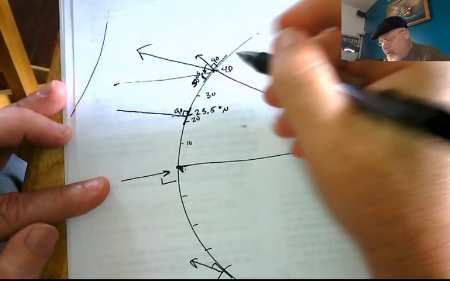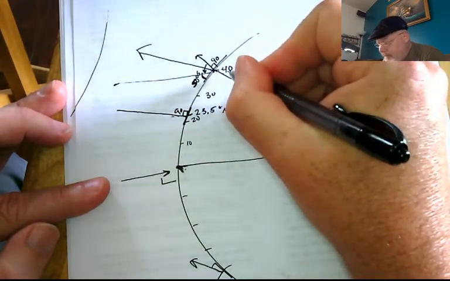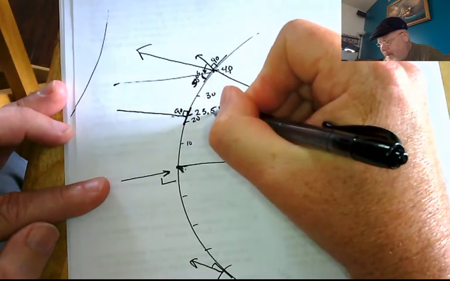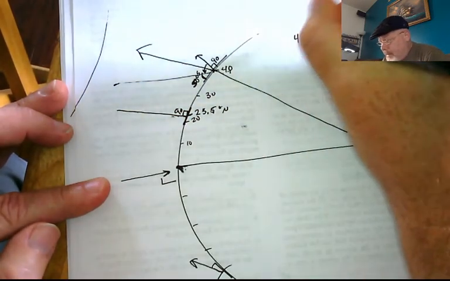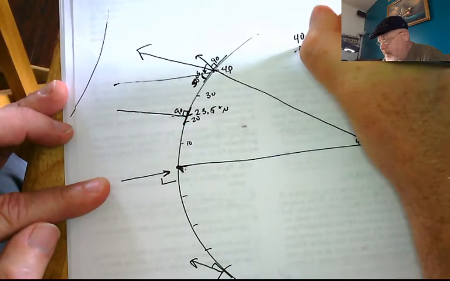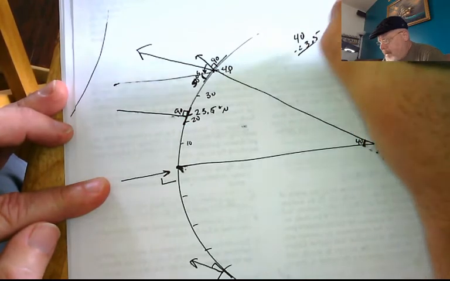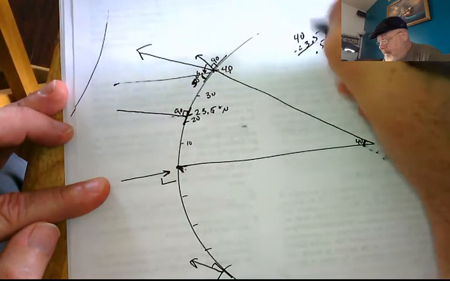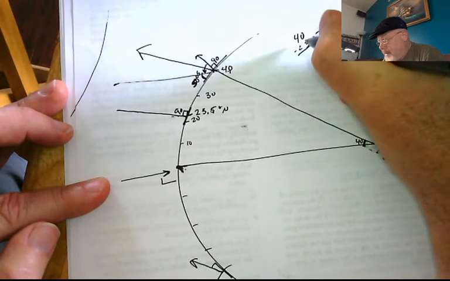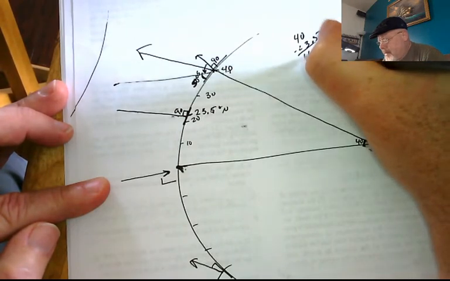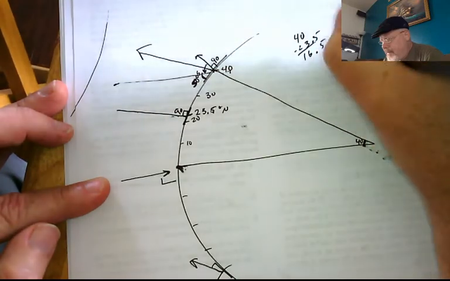So what angle are you looking at? Well, the difference between 40 degrees and 23.5 degrees, that'd be 40 minus 23.5. That would leave about 16.5.